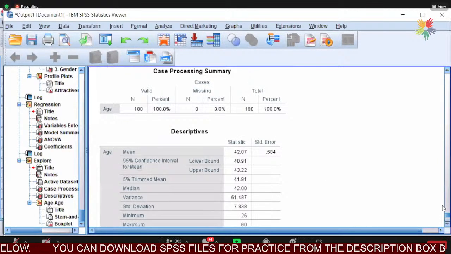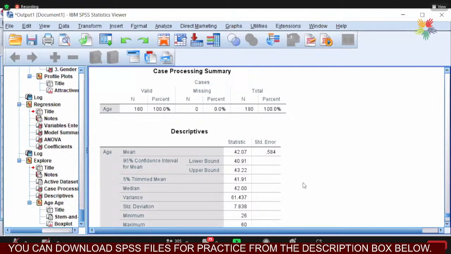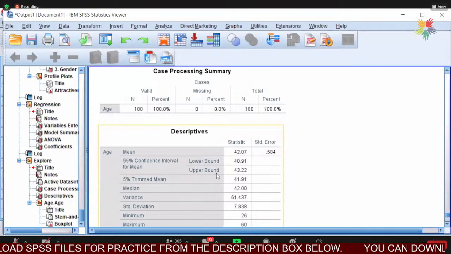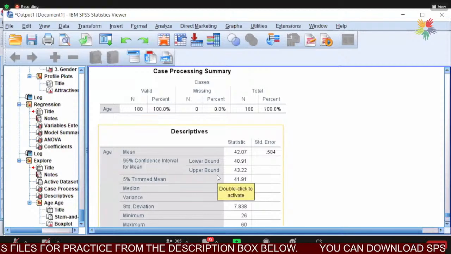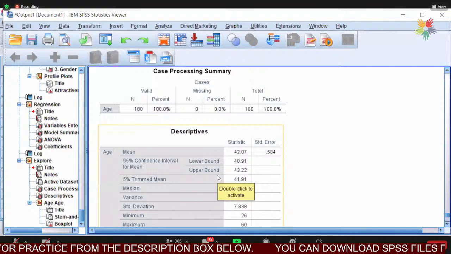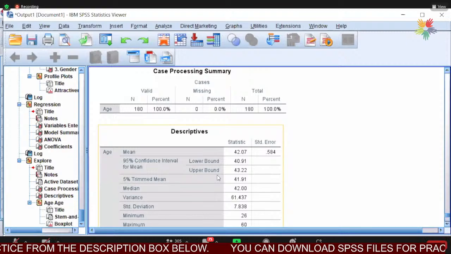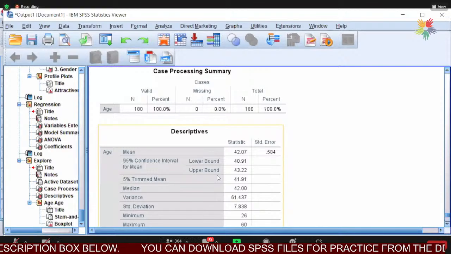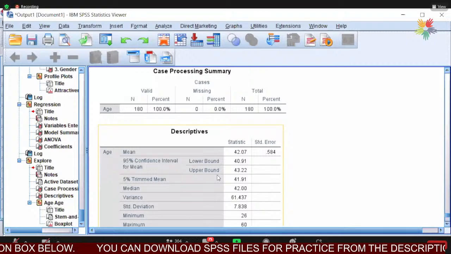Now you have a mean value, and you have the lower bound and upper bound. We have taken only one variable's mean. So how do we find the upper bound and the lower bound?